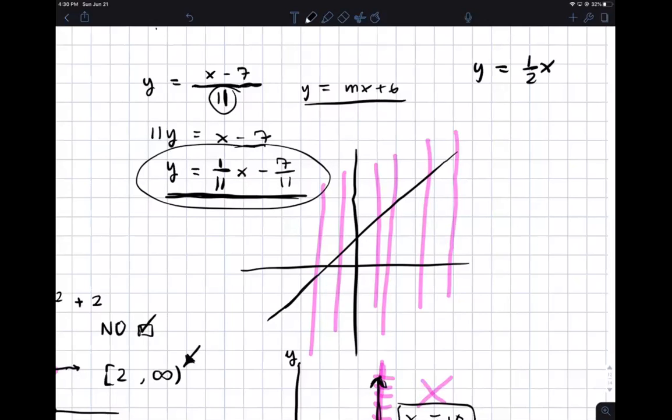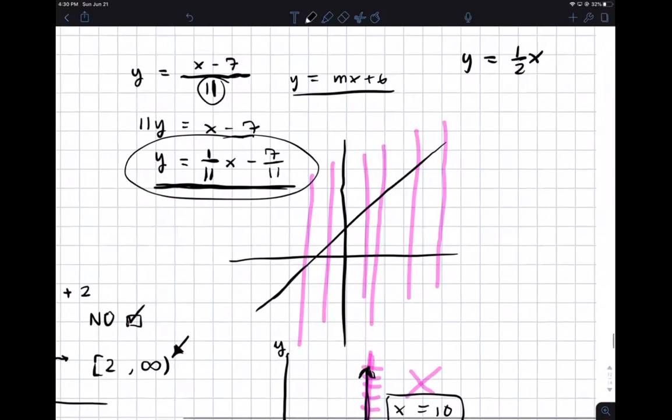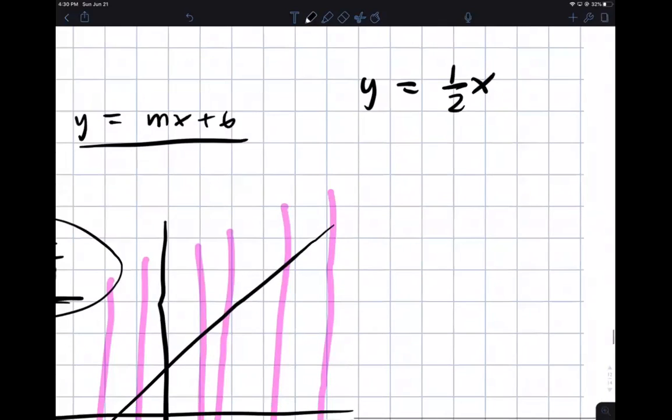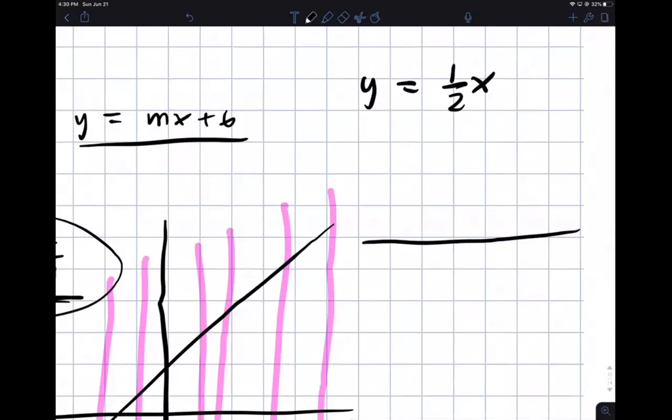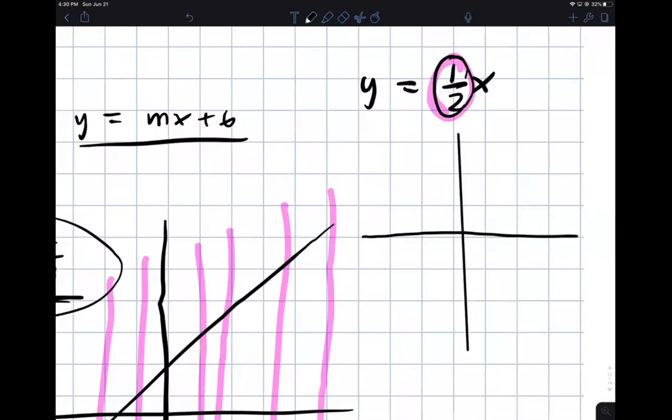No. Okay, so it doesn't matter what's in front of the x. This is just the slope, right? Yes. So all that's telling us is that the slope is small. And if the slope is really small, that means that you have a really steep graph.